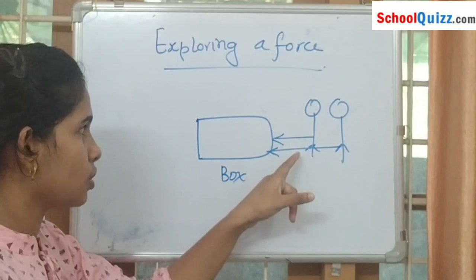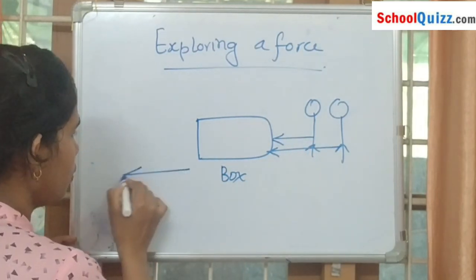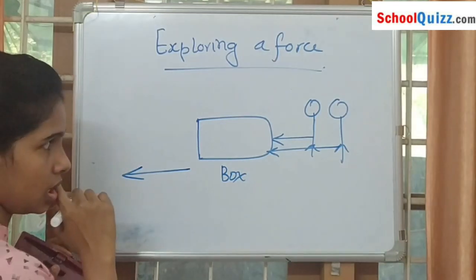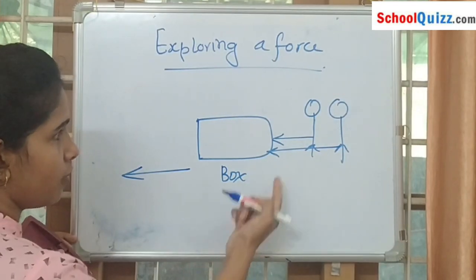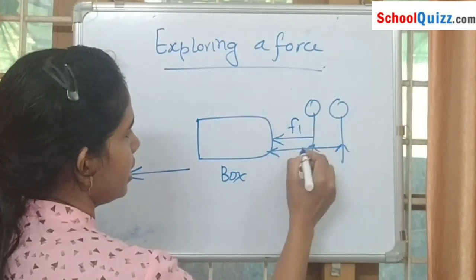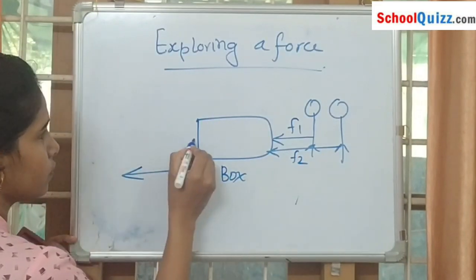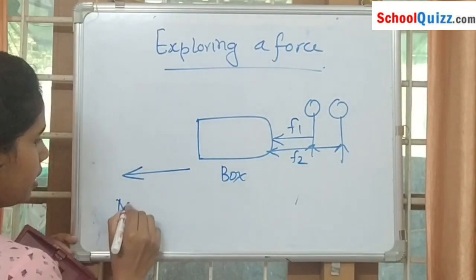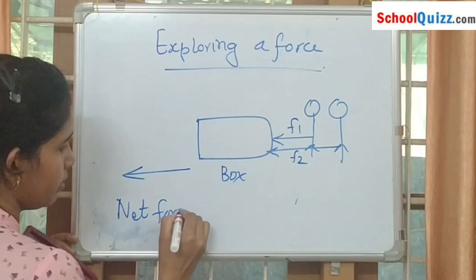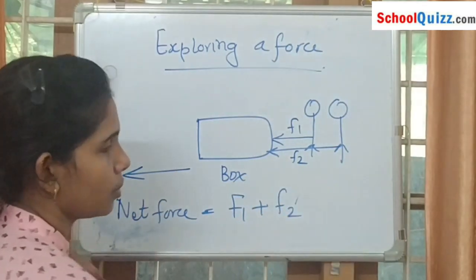Due to the bigger force of these two people, this box will move in this direction. So what is the force here? Say it is F1, this is F2. So what is net force here? Net force will be F1 plus F2. Right?